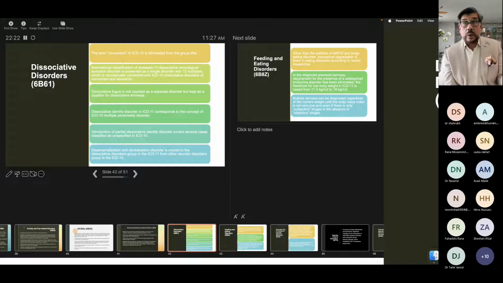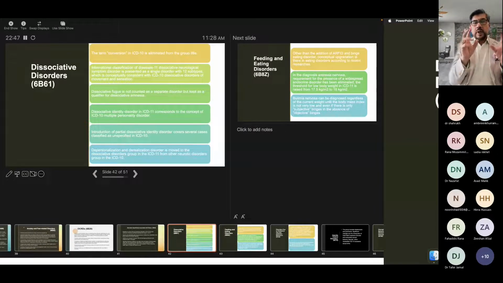Fugue is not counted as a separate disorder now. Identity disorder corresponds to the concept of multiple personality disorder. Partial dissociative identity disorders cover several cases of classification as unspecified in ICD-10, so that is mixed as well. And derealization disorder is moved to dissociative disorder in ICD-11.